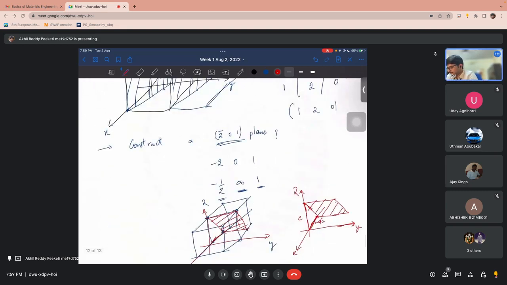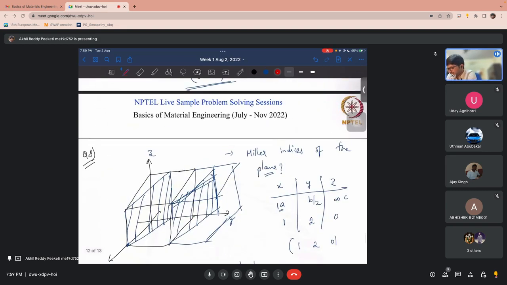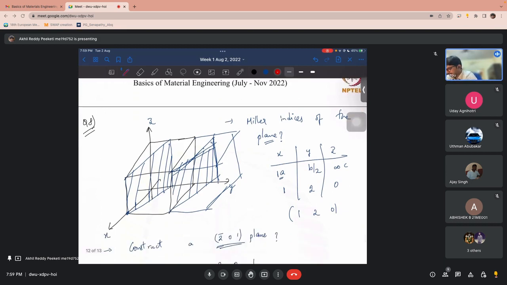So how you estimate these planes is based on the intercept, and then the notation is you take the normal direction for the plane. This kind of represents the normal to the plane.